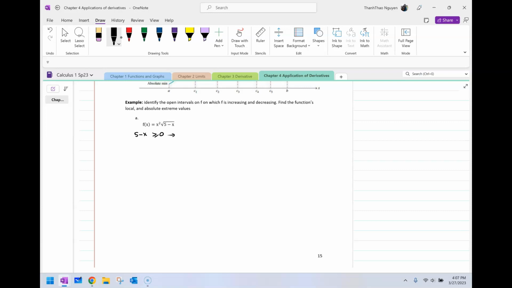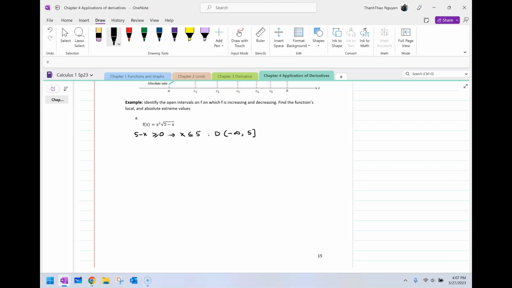This means x has to be less than or equal to 5. So the domain of this function is from negative infinity to 5. Keep that in mind.